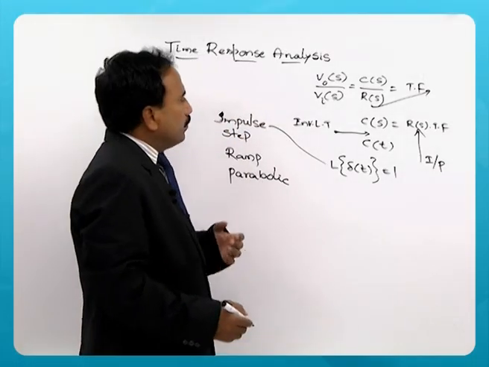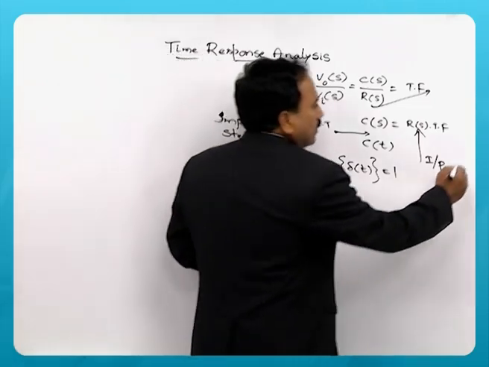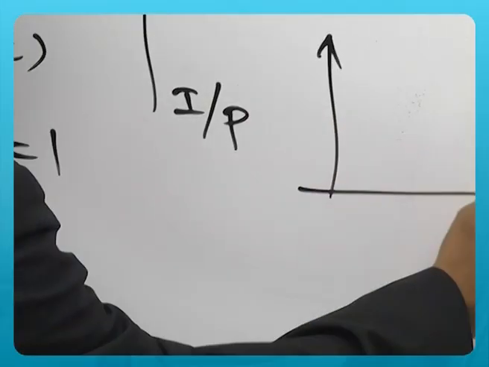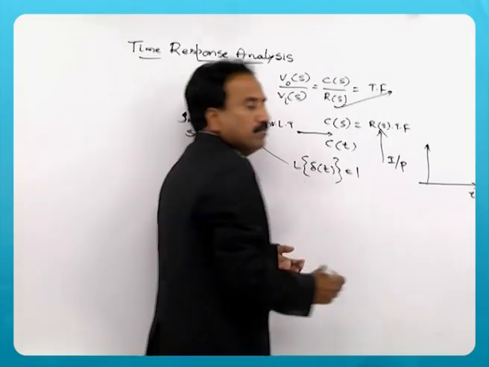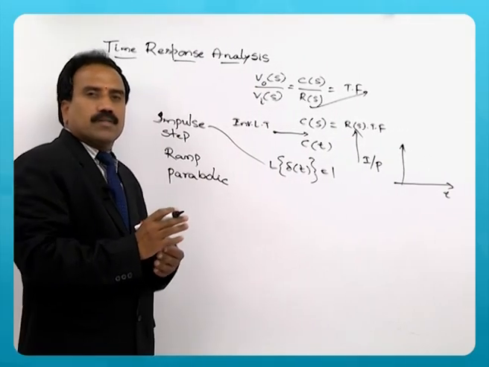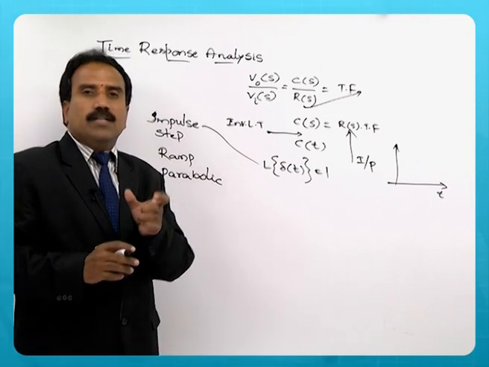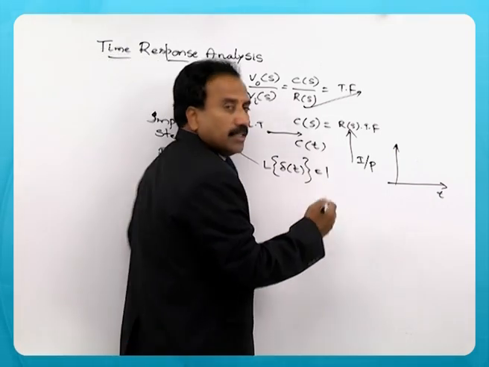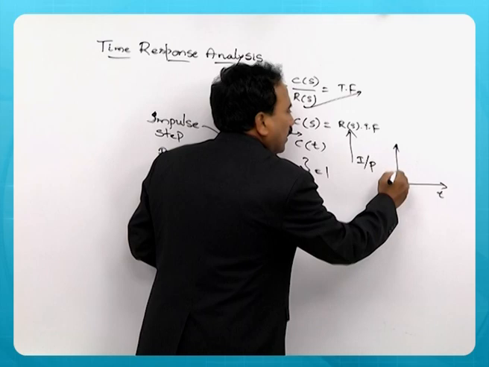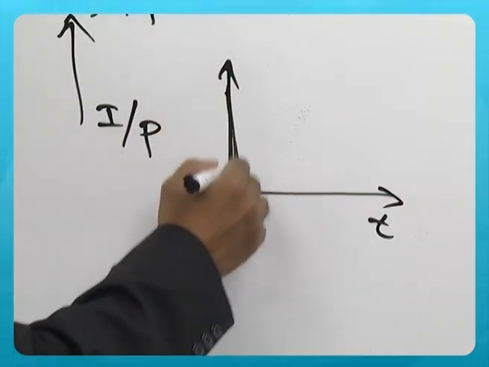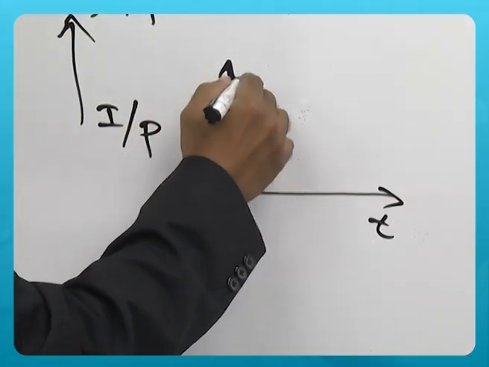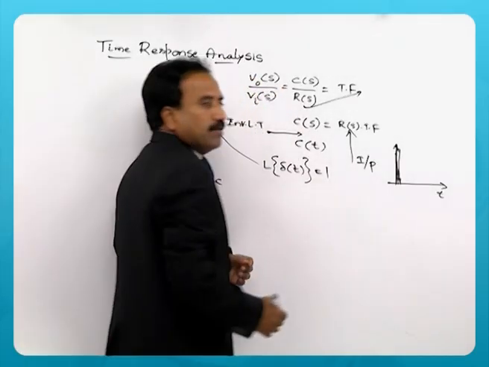What exactly is an impulse? Ideally, it is a very high magnitude in 0 time, but the practical impulse is a very high magnitude in a very short time.